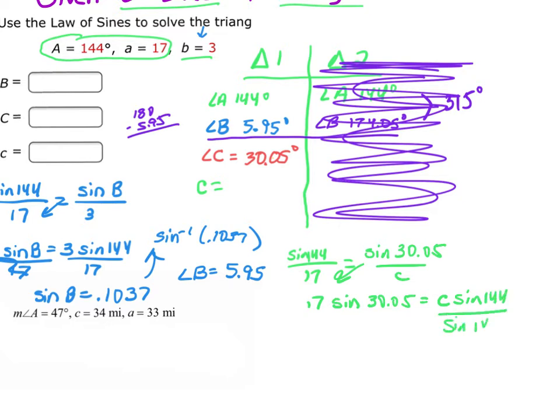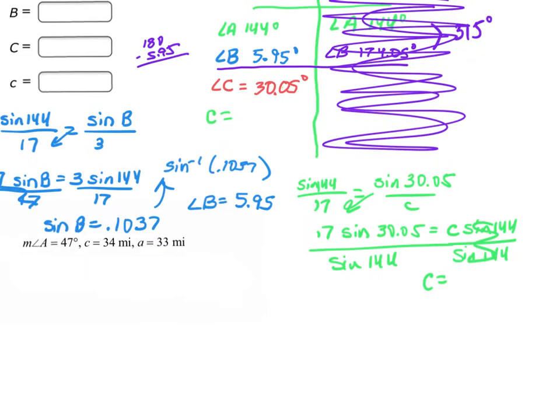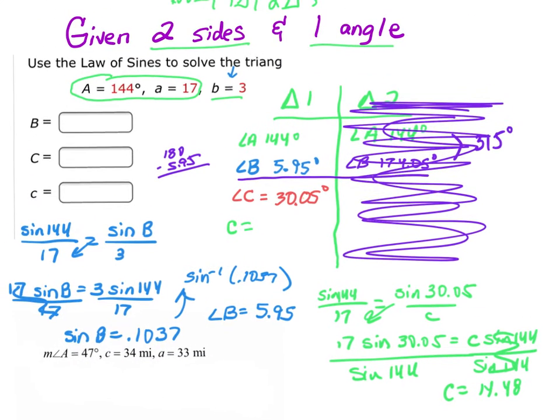Divide both sides by the sine of 144, and side C is about 14.48 centimeters, units, whatever we're talking about.